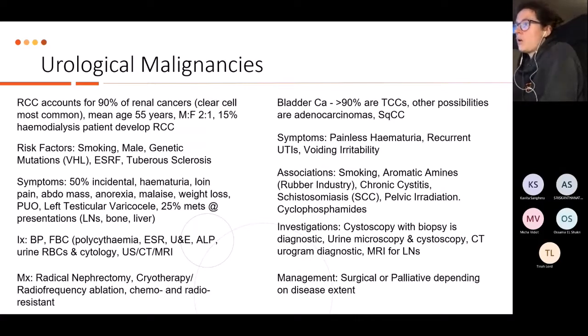Chronic cystitis or schistosomiasis: this chronic irritation of the bladder wall can contribute to cancer. Also if they've had radiotherapy for some other reason, and some other drugs. Cystoscopy, viewing the bladder with a biopsy, is diagnostic, and treatment is surgical or palliative depending on disease extent.